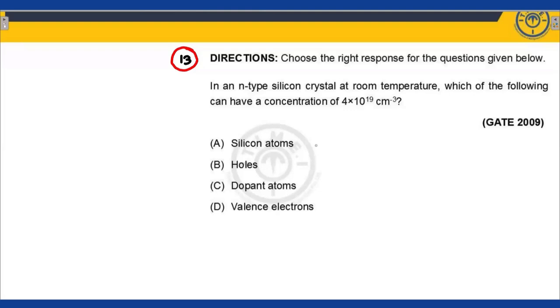Option A, silicon atoms. Option B, holes. Option C, dopant atoms. Option D, valence electrons. Okay. This is what, my dear friends, you are going to get in the question, like this over here.